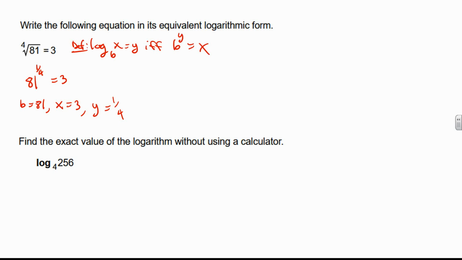So here we go. We want to write this in the log form. So this is log, the base is b, that's 81, of x, that's 3, is equal to 1/4.